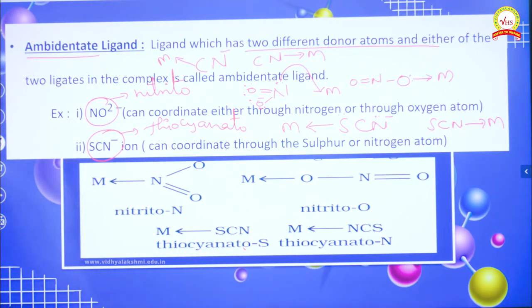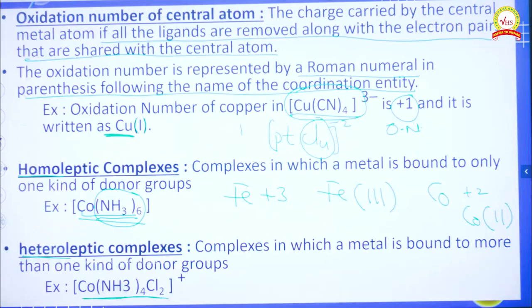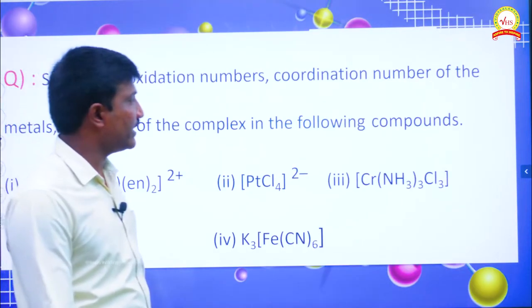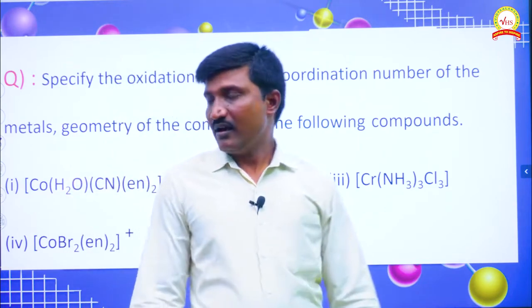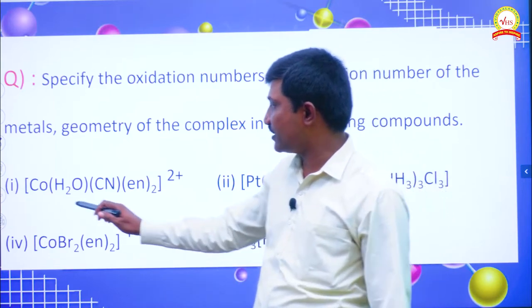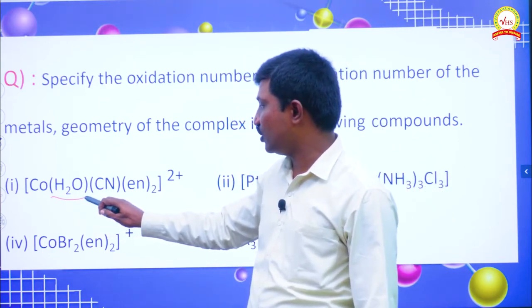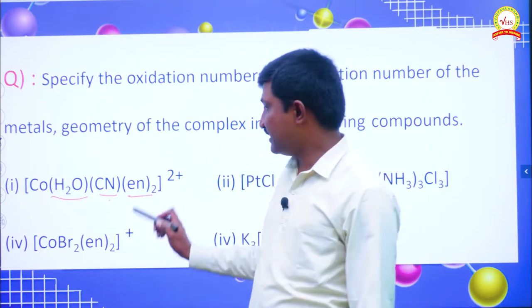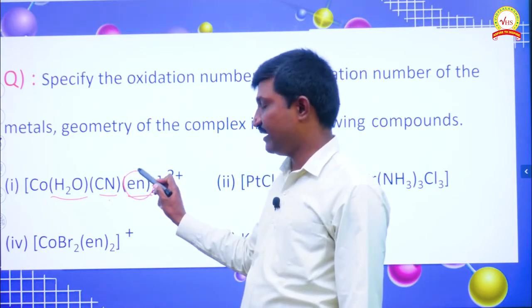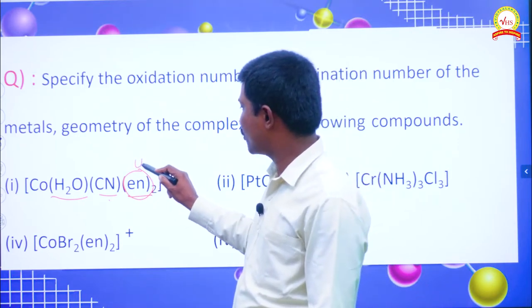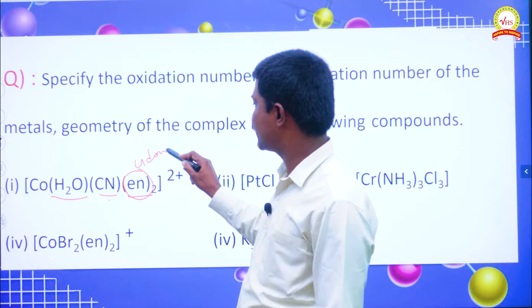Based on this, let us see one question on what we discussed here. Specify the oxidation number, coordination number and geometry of the complex compound. Coordination number here: one water molecule and one cyanide, 2 en. But en is a bidentate ligand, so 1 en has 2 donor atoms, and 2 en means 4 donor atoms.